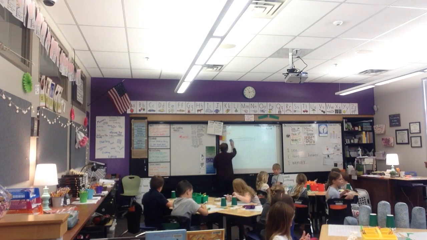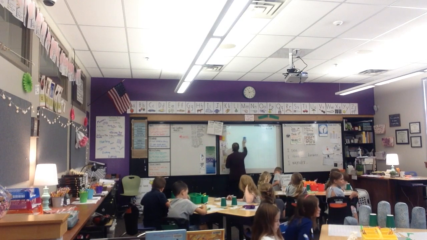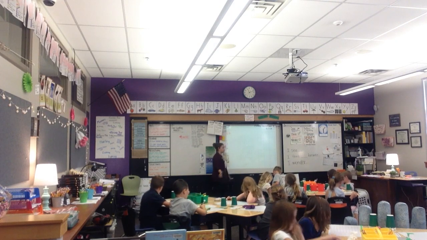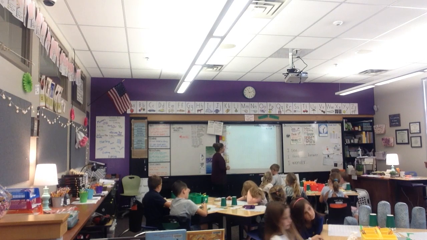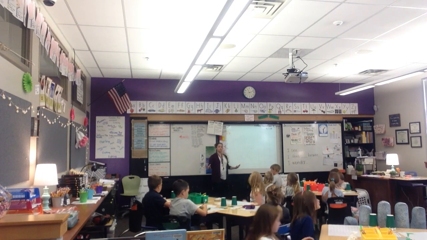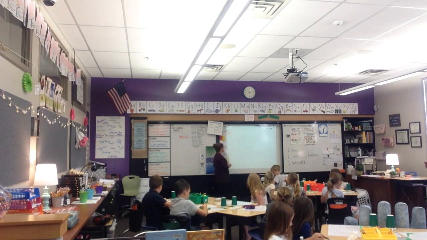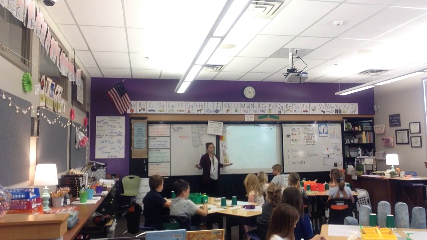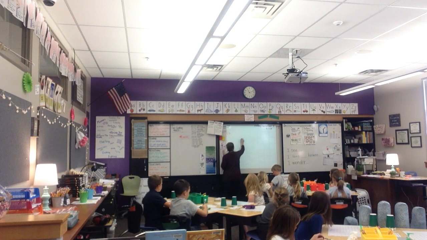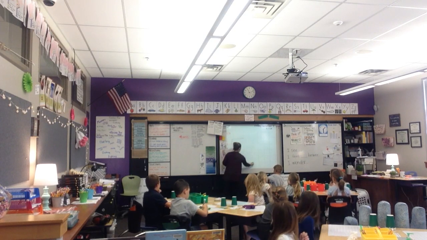So, instead of having to draw 10 rectangles, 10 tens, every time you wanted to show that you have 100 of something, I'm going to make it really easy for you guys, okay? Instead of drawing 10 tens, give me a magic trick. You're going to draw, what shape is this?